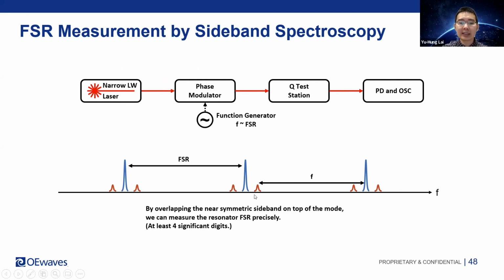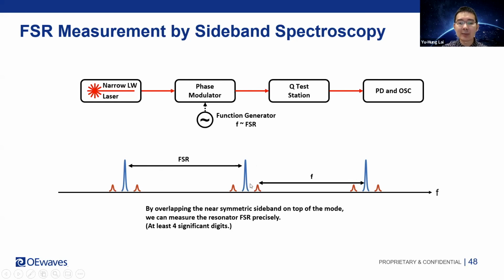Then we can see there's a zeroth order mode here with our phase modulation. We will generate a sideband near the +1 mode, and a sideband near the -1 mode. On the other hand, the +1 mode will generate a sideband close to our zeroth order mode, and the -1 mode will generate a sideband close to the zeroth order mode as well.